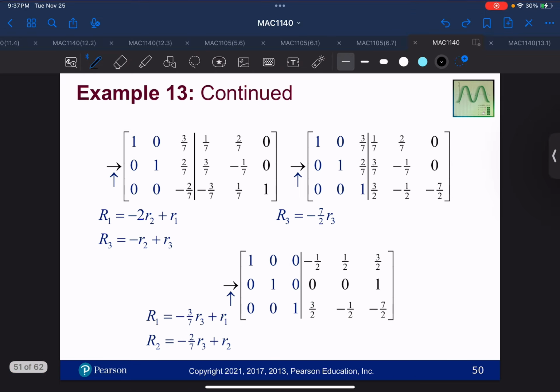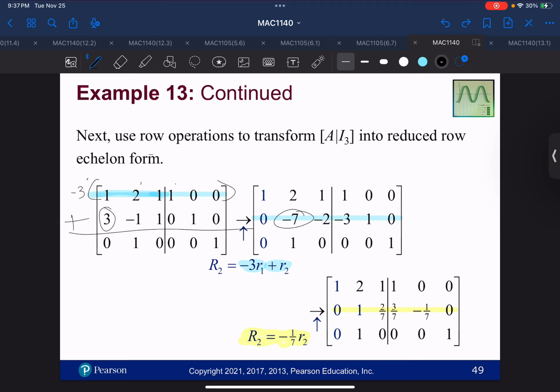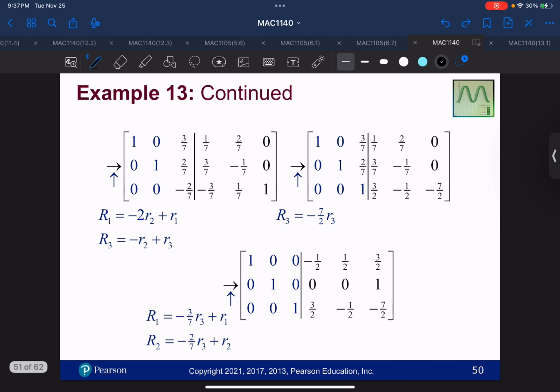So actually what they're going to do is they're going to multiply this row by negative 2 and add it to row 1 to get that to be equal 0. So that is what they're doing here. Negative 2 times row 2 plus row 1. And that gave them this new row 1.